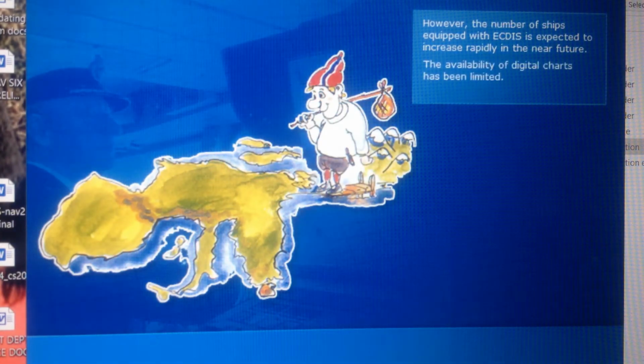As the availability of digital charts so far has been limited, and the charts available have been relatively expensive, this has contributed to relatively low numbers of ECDIS systems in the world's merchant fleet so far. Another negative factor was that ECDIS did not legally replace the paper chart before summer 1999.